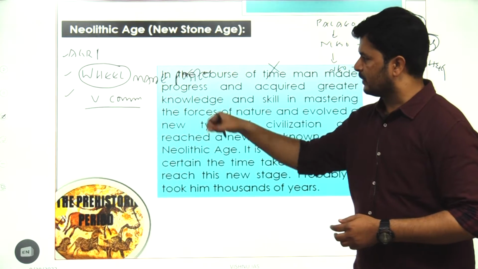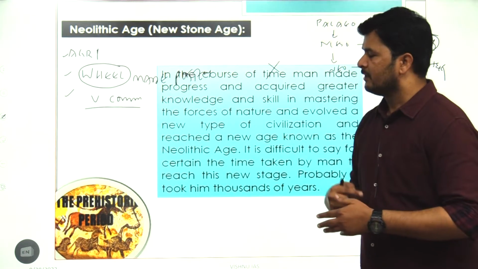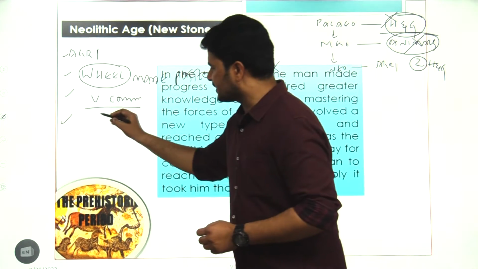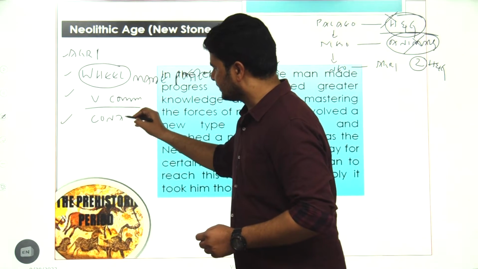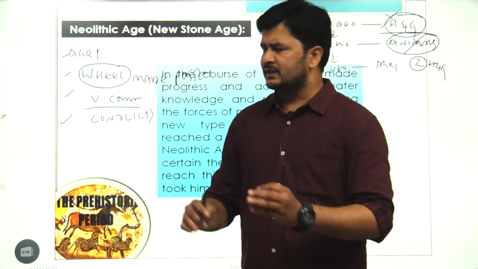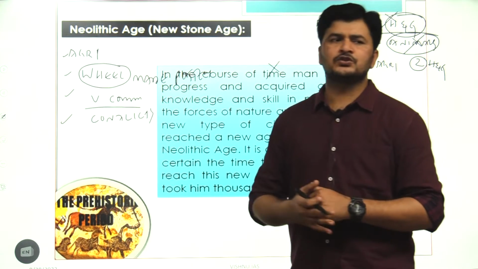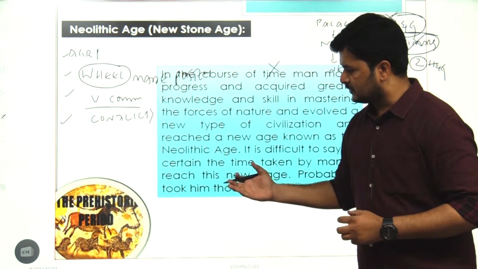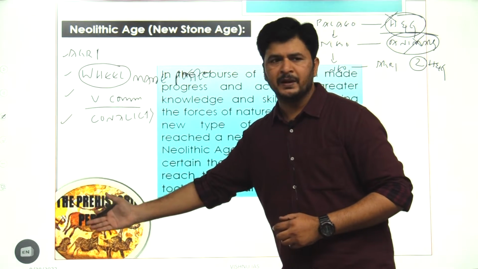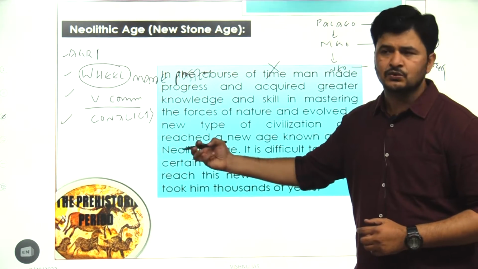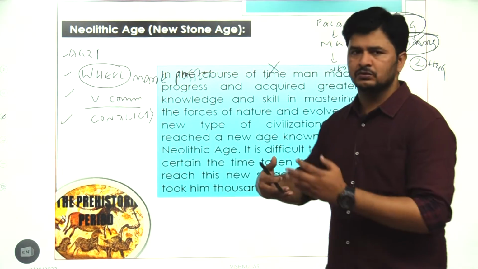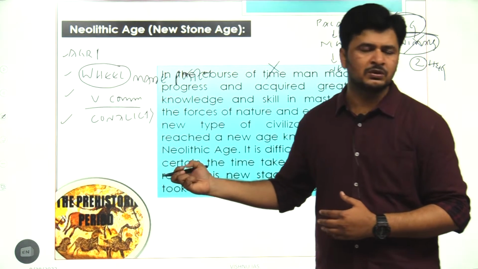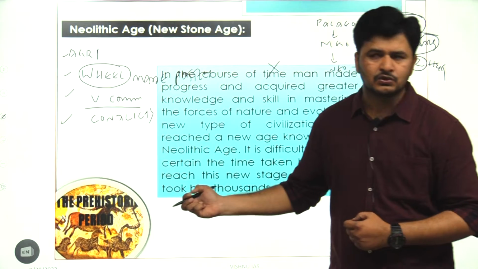So agriculture followed by wheel-made pottery, followed by village communities, and it's quite interesting to know we found some sort of conflicts. We didn't know the exact reasons why conflicts took place, but we found conflicts. The credit goes to rock paintings, please. What are the sources through which we make efforts to understand the lives of various cultures? Obviously through archaeological sources.